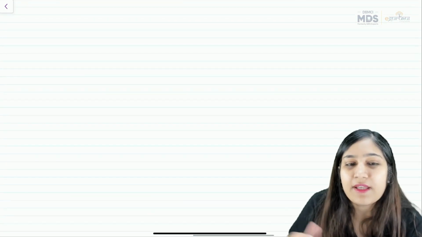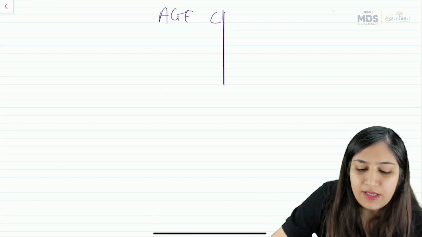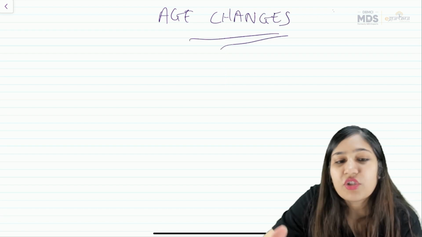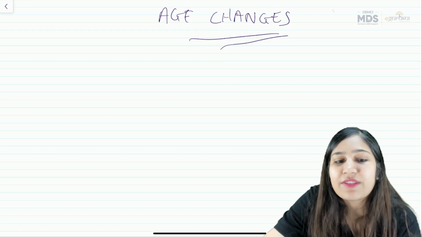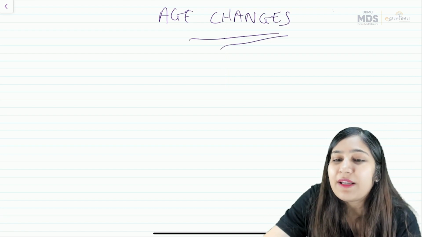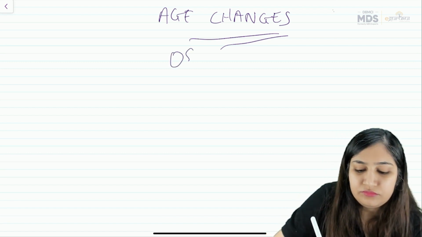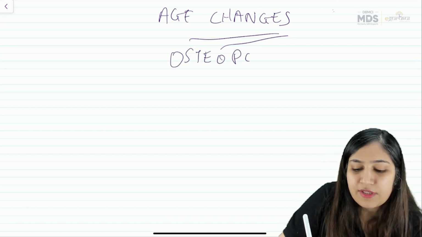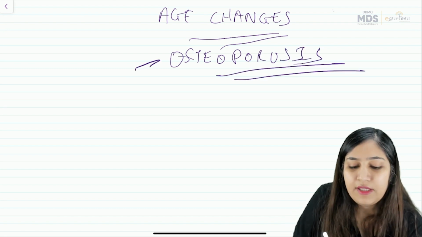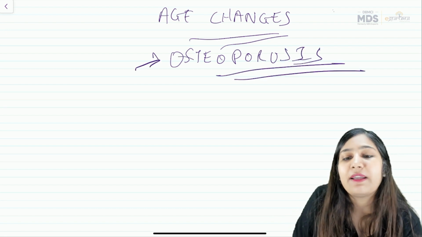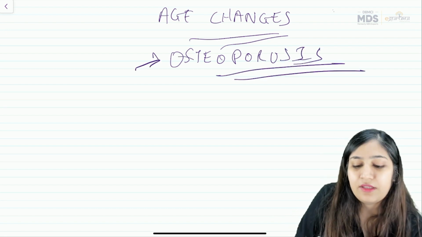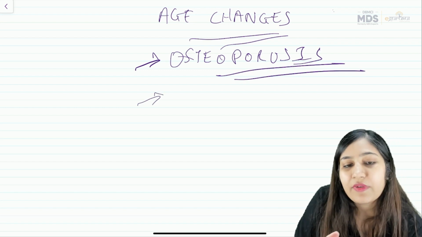Now coming to age changes in alveolar bone. Osteoporosis, decrease in vascularity, decrease in metabolic rate and healing capacity. Healing capacity, we all know it will decrease with age.